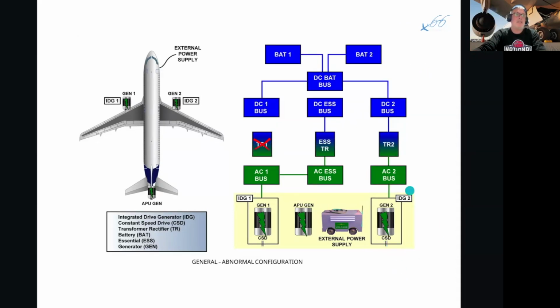There is enough logic circuitry in the system, through what they call bus tie contactors, that anytime there is a fault on one component, another component will take over.